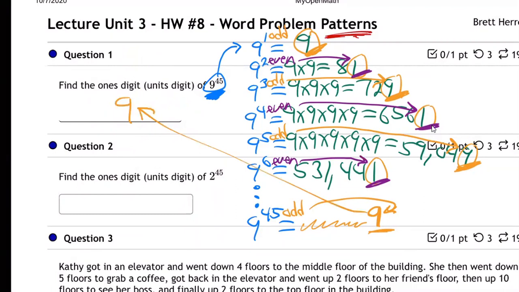Look how easy it was for us once we looked at the pattern. It's just 9, 1, 9, 1, 9, 1, etc. So every odd power is just going to end with a 9. And so there it is. That's all it takes to wrap up that question. It's all about the pattern.